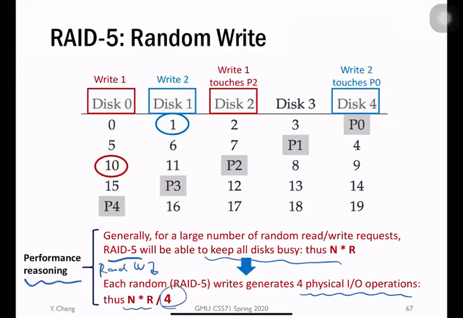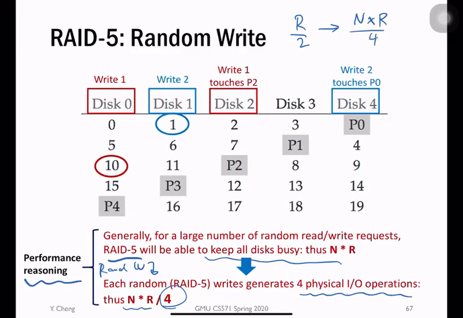Okay, so this is why for 5 disks, it's able to at least improve the random write throughput from, recall that it's r divided by 2, to n times r divided by 4, okay?